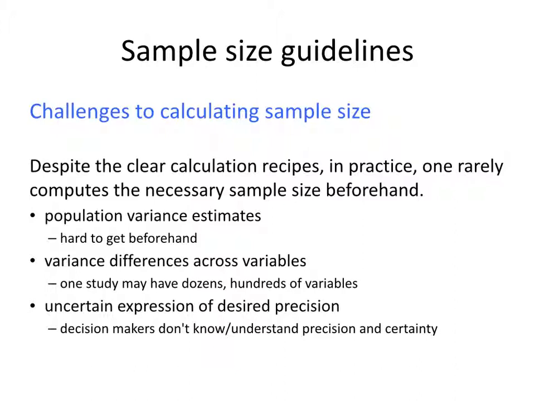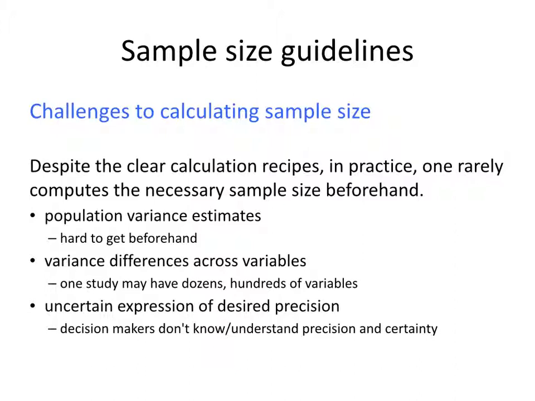And you'll notice in both those equations we had either a direct estimate of population variance, or we needed the sample variance as an unbiased estimate of population variance. And of course, how do you get a sample variance in order to calculate the size of the sample that you need to draw? So if you don't have a sample, how do you know what the sample's variance is going to be?